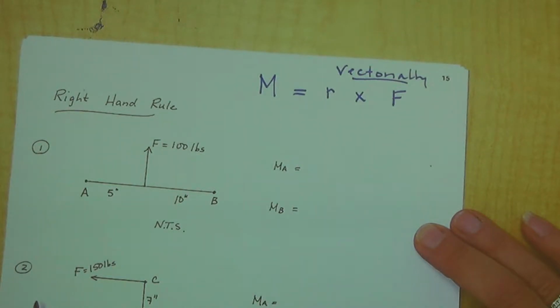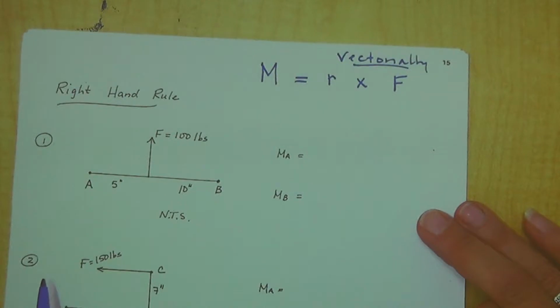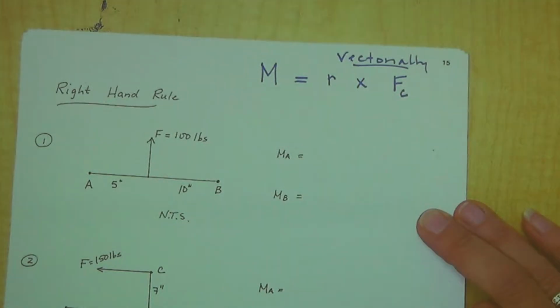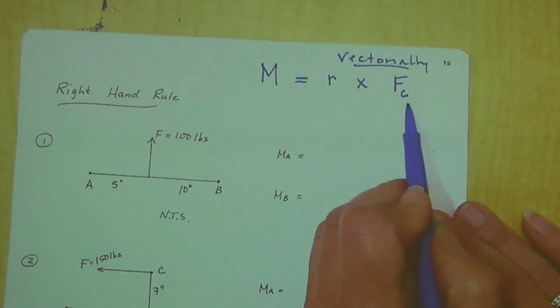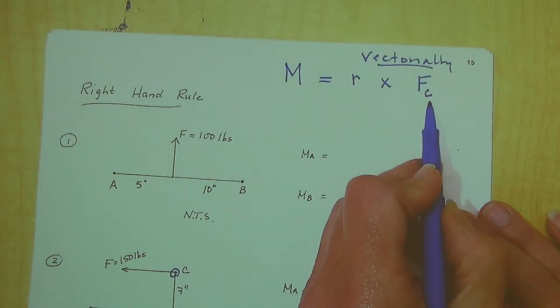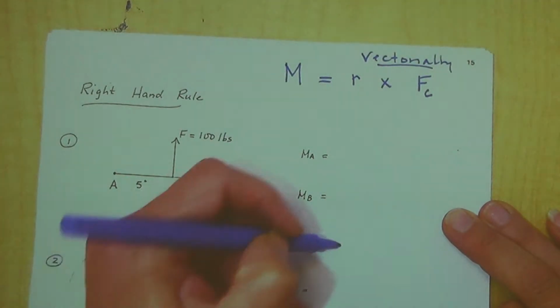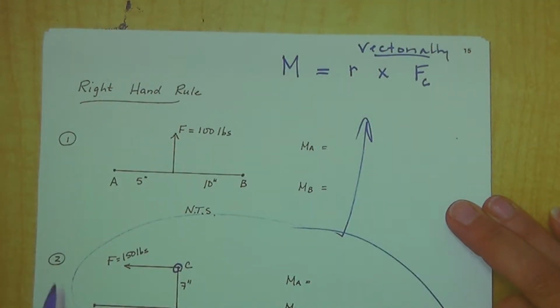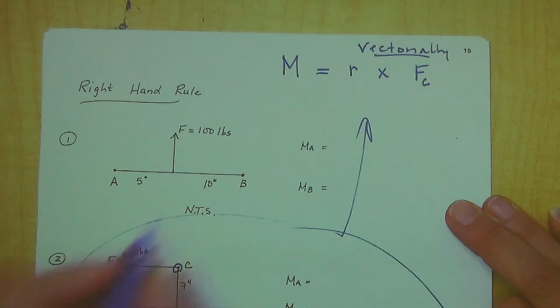So let's take a look at our number 2. Our force is coming off point C, right? So I'm going to put a subscript of C for the force. Everybody see? The force is coming off C. I'm looking at number 2, and I'm trying to find the moment about point A, right?